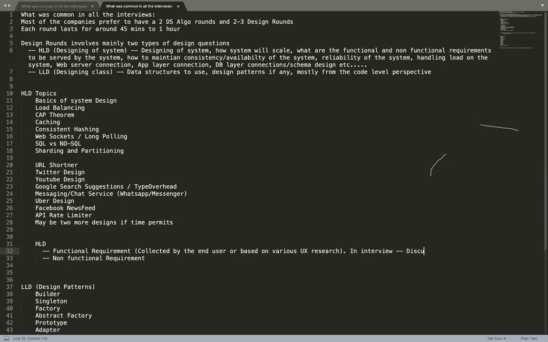Correct? Correct. Non-functional requirements are proposed as a part of design by the product or engineering. Okay. So this is your non-functional requirement.